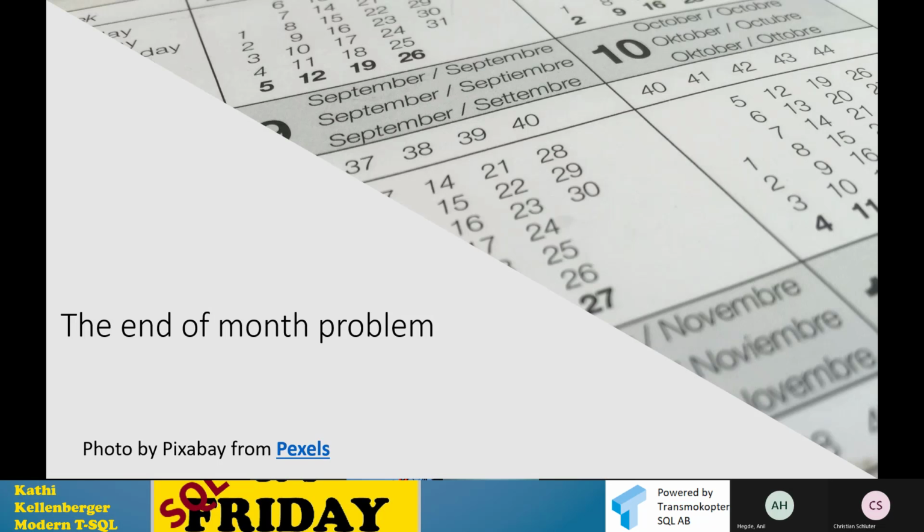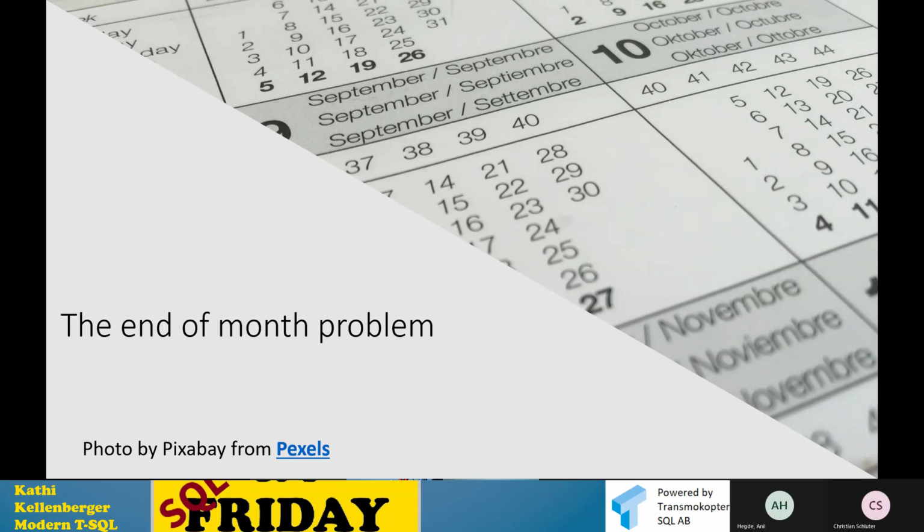All right, the next one, the end of the month problem. This is just kind of a subset of the previous one. If you have a calculation that's looking for the beginning of the month, looking for the end of the month, something like that, you might tear the date apart and put it back together.